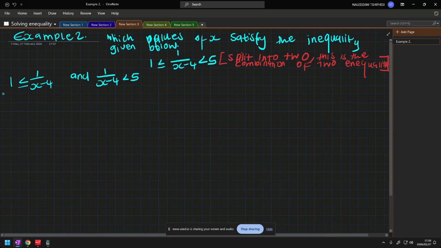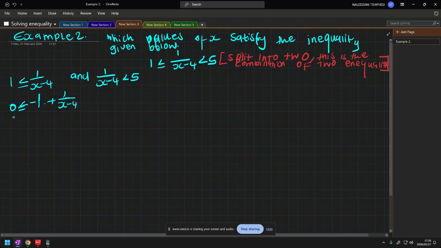So we have the following two inequalities that we're going to solve, right? So in this one, remember, move everything to the other side. So 0 must be less than or equal to 1 minus 1 plus 1 over x minus 4, right?